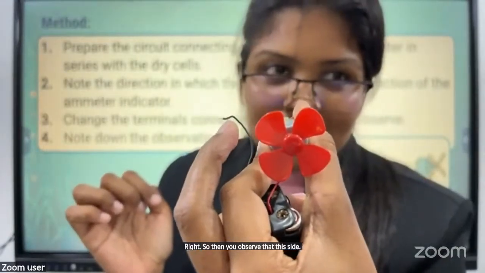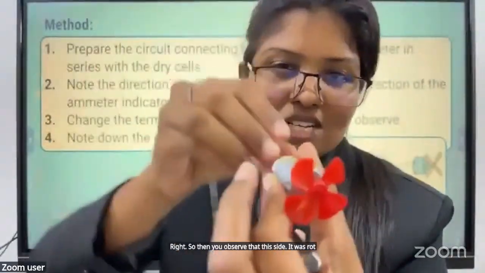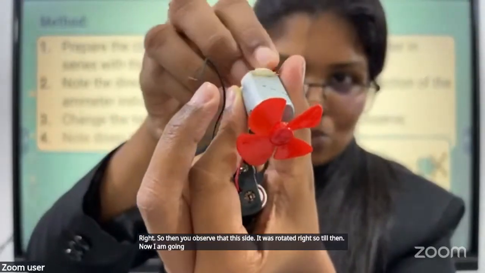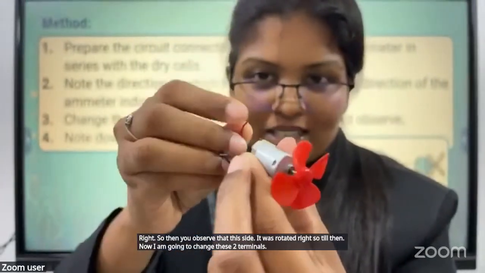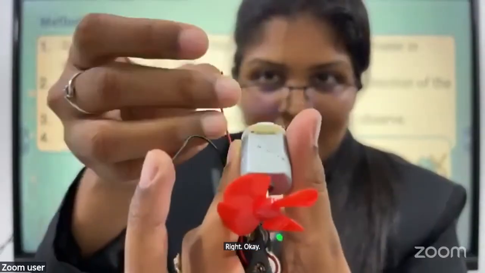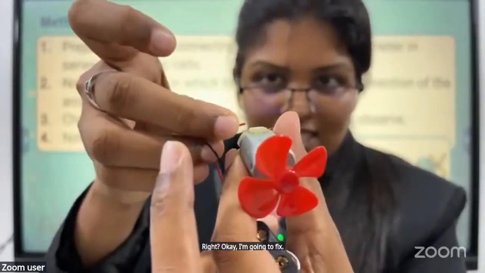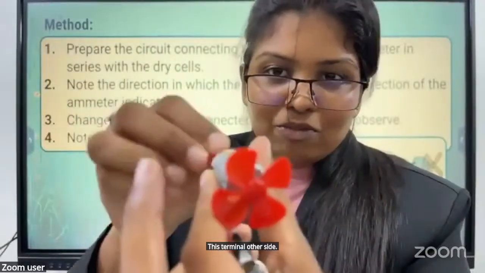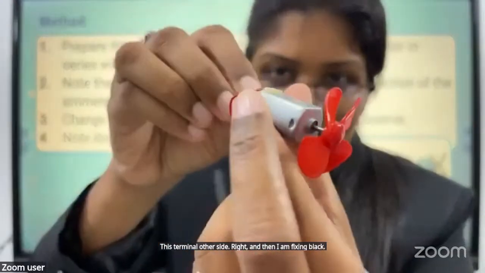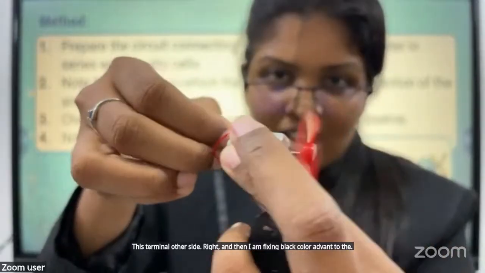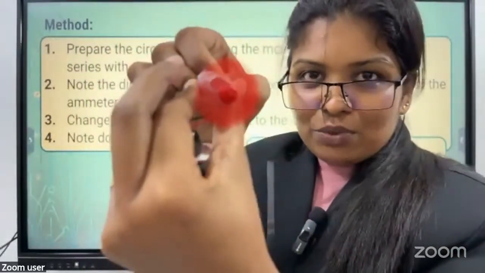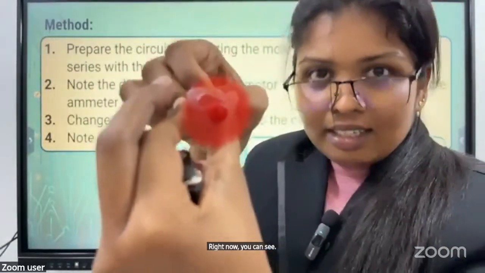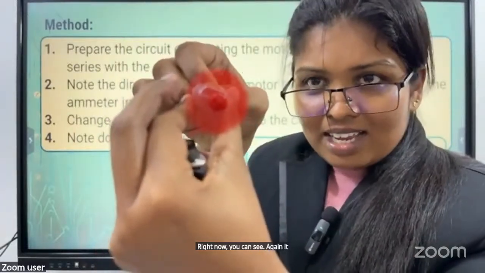So children, now I am going to change these two terminals. I am going to fix this wire to the other terminal, and then I am fixing the black colored one to the other. Now you can see again it rotates.